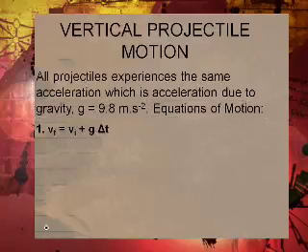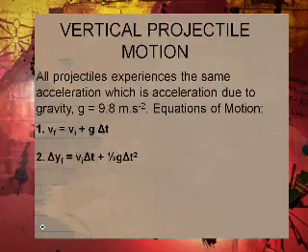So we need to be aware of these equations. V final equals V initial plus g delta t as our first equation. Second one, delta y equals V initial delta t plus half g delta t squared.